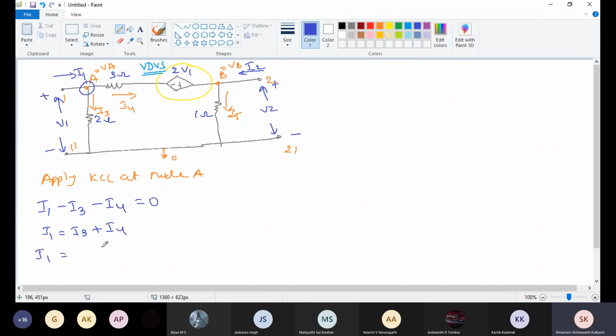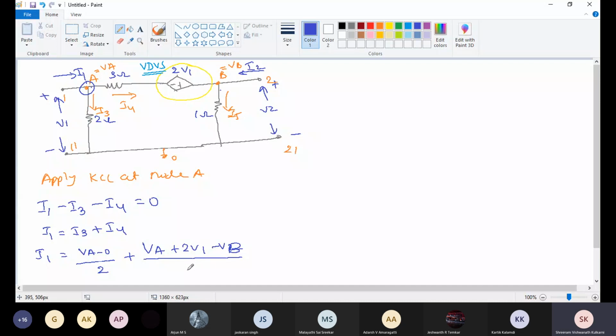Now I1 equals I3, which is nothing but VA minus 0 by 2, plus I4. See here, this AB branch: VA plus 2V1 minus VB divided by 3.